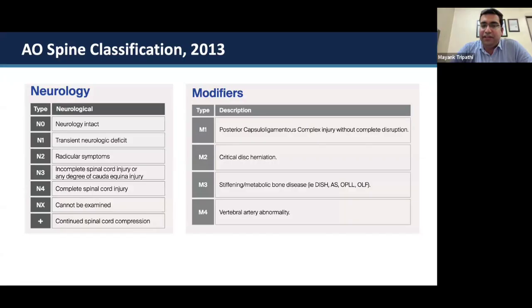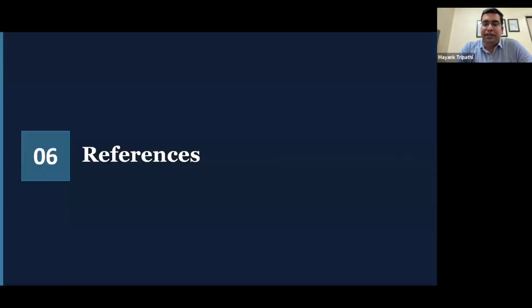If there is critical disc herniation, then M2. If there is stiffening or any metabolic disease, then M3 is given. And if there is any vertebral artery abnormality, then M4 is added. So these were the major classification systems, and we most commonly use the SLIC and the AO spine classification.